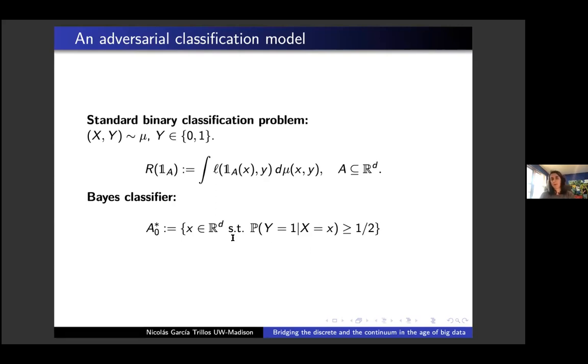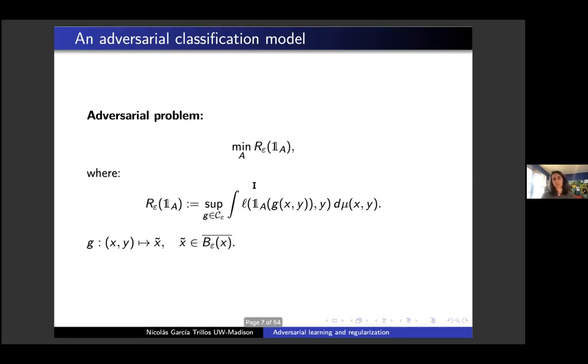You want to say, well, if you take a data point X, and this point is more likely to be classified as a 1 according to our data distribution, then you should set the label for that point to be 1. Otherwise, you should set it to be 0. This is very intuitive. So at least if we know the data distribution, we know explicitly what is the minimizer for this minimization problem.